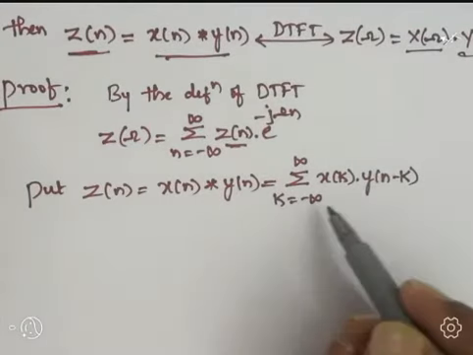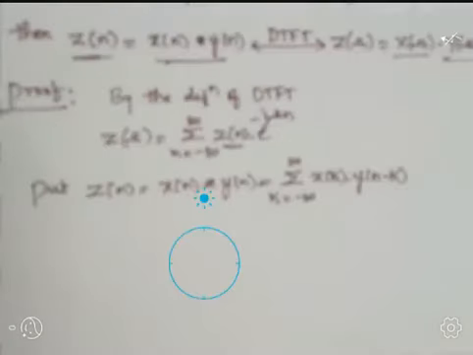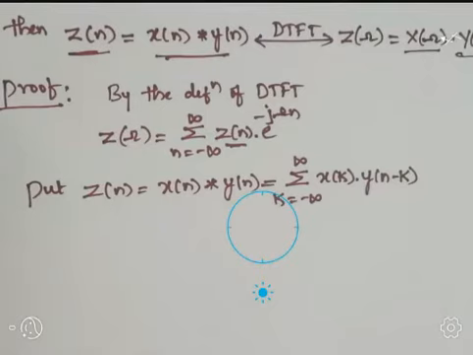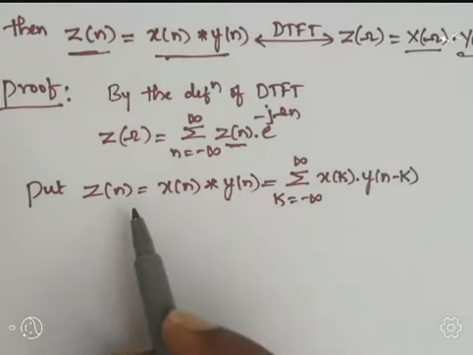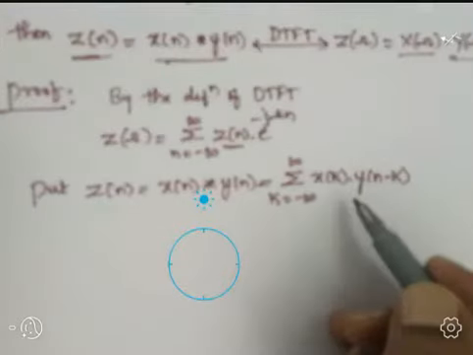If the given system is a continuous time system and we find the response, or output, of the system, then that operation is called convolution integral. If the system is a discrete time system and we find its output, that operation is called convolution sum. So here z of n is a discrete time sequence, so this operation is called convolution sum.